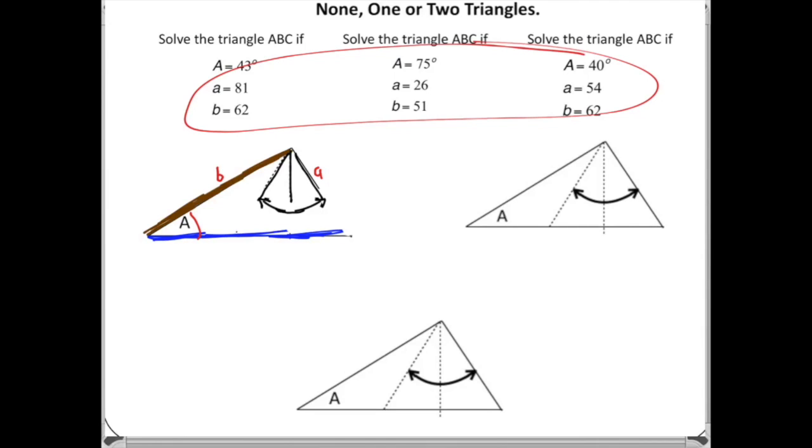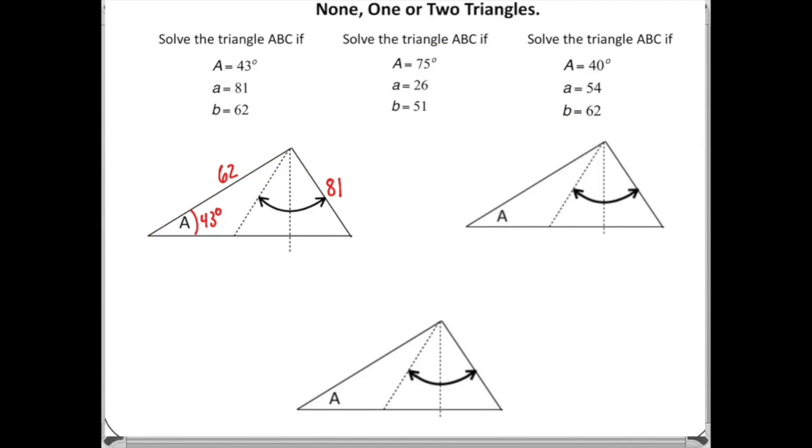So here we go. The first thing that I do is label out the sides. This triangle is just a template triangle. It's not proportional or anything like that, so don't worry about the size of the sides. It's just a visualization for us to see if this thing is going to work or not.